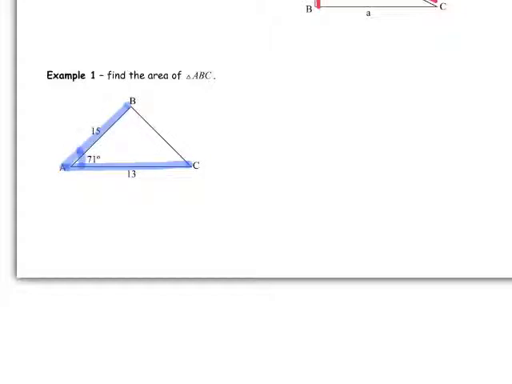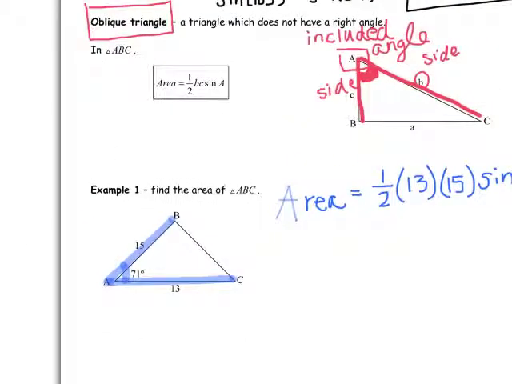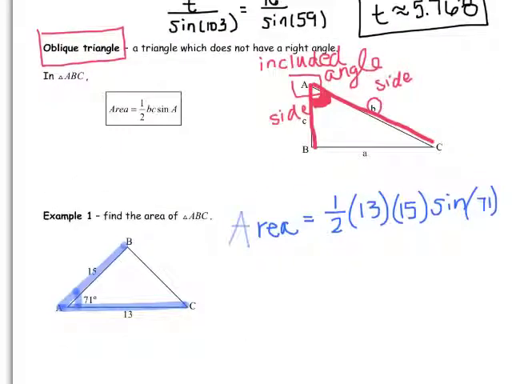So I have area equals (1/2) side, which is 13, side, which is 15, sine of the included angle, which is 71. In fact, I really suggest that you come up here, and you don't have to cross this off or anything, but this isn't really what I think of.